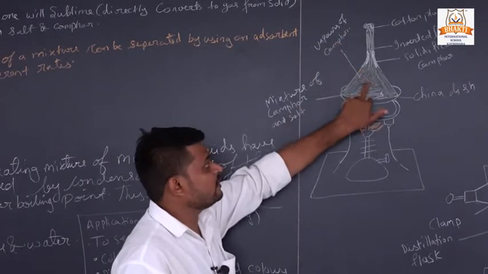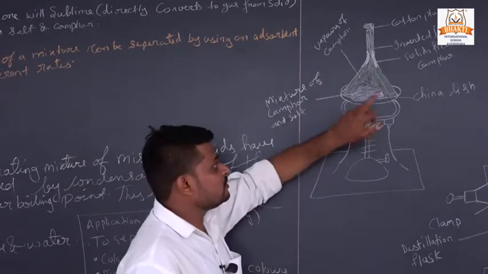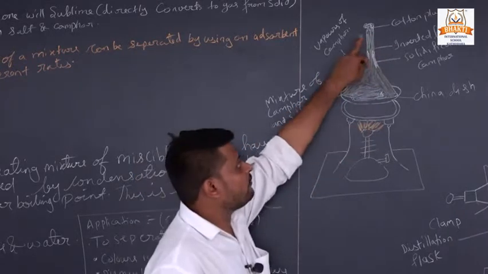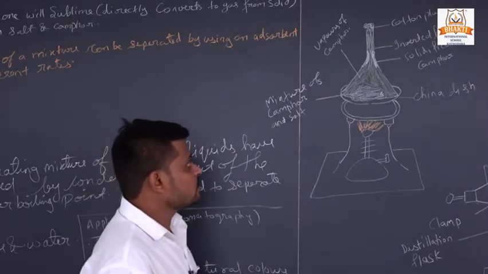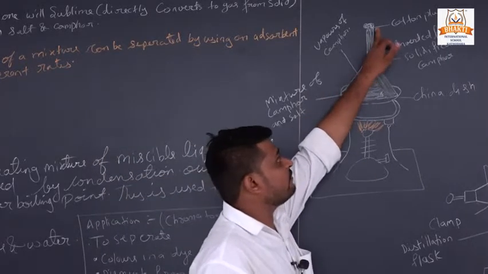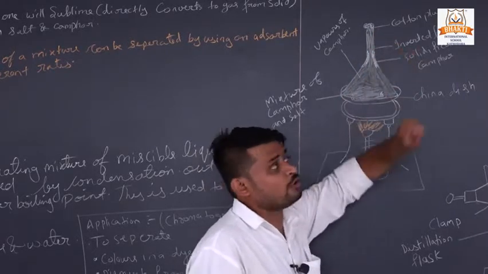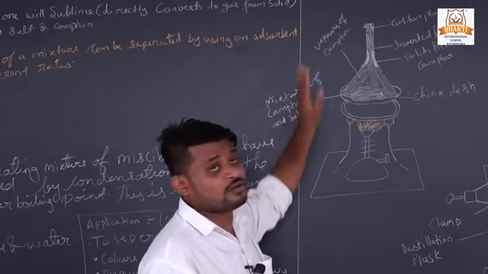You can see here the vapor of camphor. It slowly rises to the top of the funnel, where we have already closed the top with a cotton plug, so the vapors don't go outside.